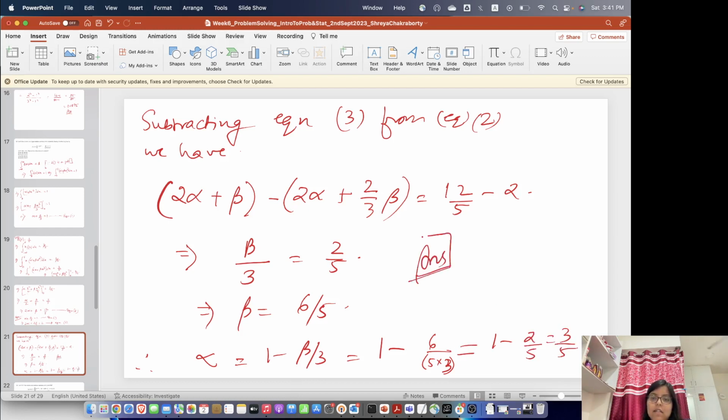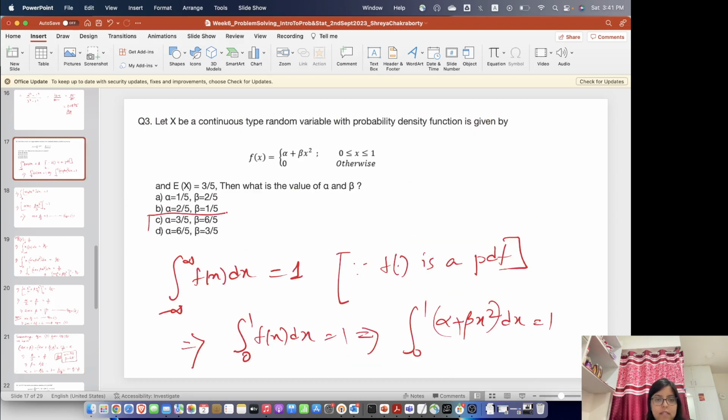So the answer is alpha equals 3 by 5 and beta equals 6 by 5. That is option C.